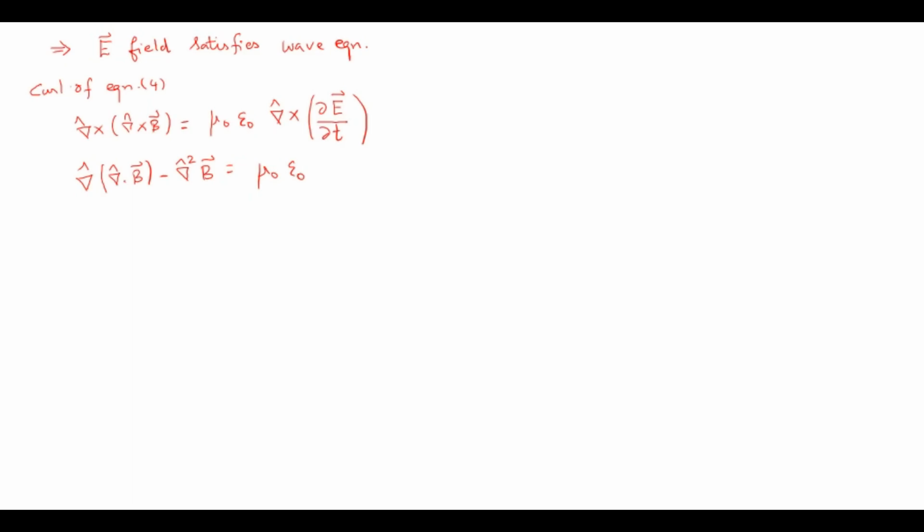So partial derivative with respect to t of the curl of E vector. From Faraday's law of electromagnetic induction, this is the partial derivative, I have to put the minus sign, and the curl of E vector is minus partial B vector by partial t. So it is the B vector, right?